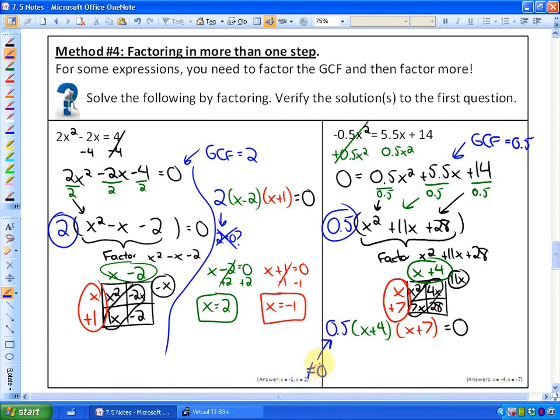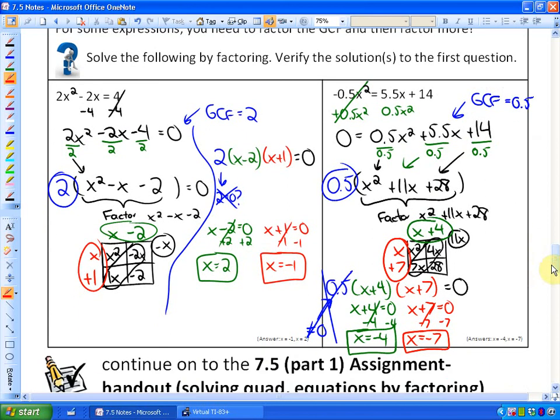Now the coefficient 1/2 can never equal 0, so it's not part of your solution. But x plus 4 can equal 0. It would equal 0, if I solve for x, when x equals -4. That's a solution. And x plus 7 equals 0 if I solve for x when x equals -7. So our solutions appear to be -4 and -7.